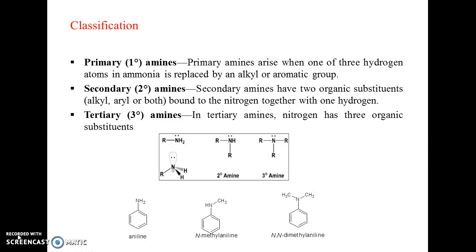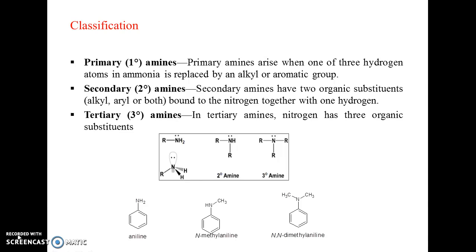Next, coming to the classification. Amines are mainly categorized into three types: primary amines, secondary amines, and tertiary amines. Primary amines: the definition of a primary amine is a derivative of ammonia in which one of the three hydrogen atoms in ammonia is replaced by either an alkyl group or an aryl group.